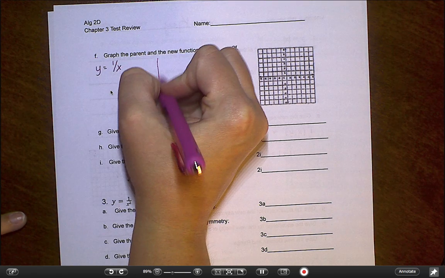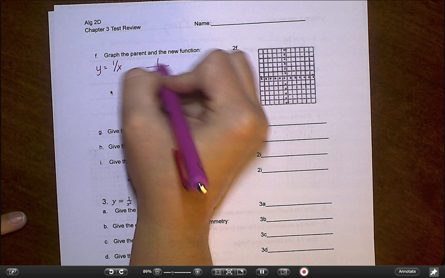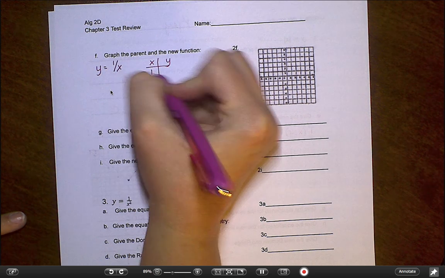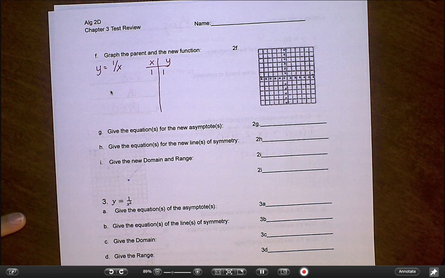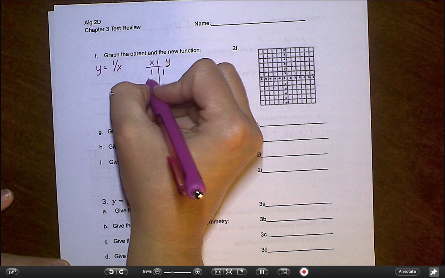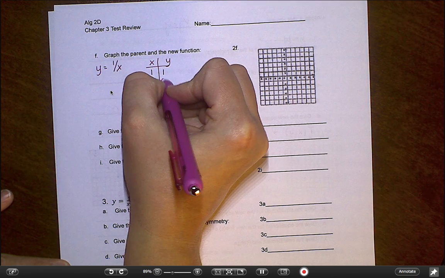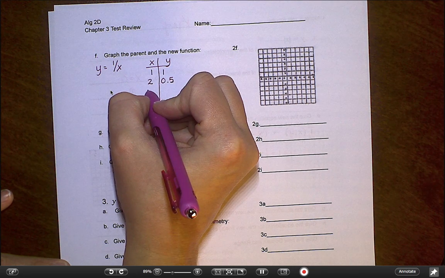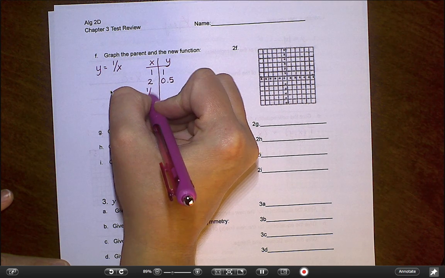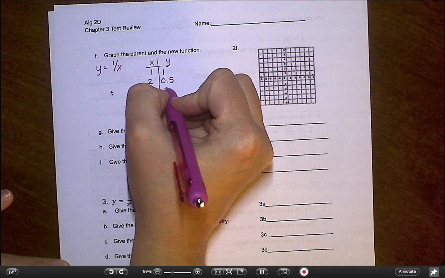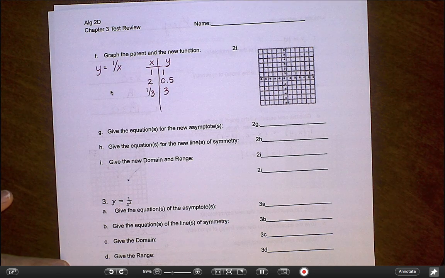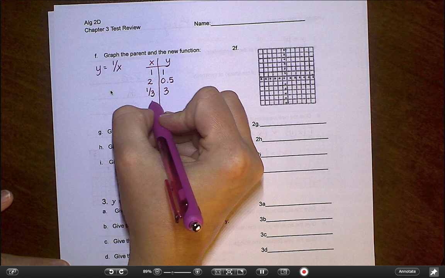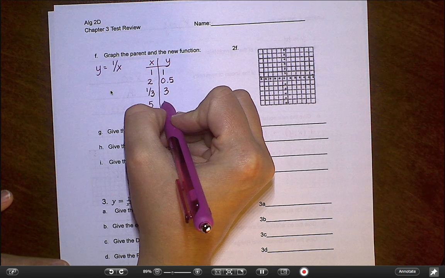if I plug in a 1, I'm going to get a 1 back out because 1 over 1 is 1. I plug in a 2, I'm going to get 0.5, or 1/2. If I plug in a 1/3, let's say, I'm going to get a 3 because 1 over 1/3 would be 3. Let me just do one more. If I plug in a 5, I'm going to get 1/5.